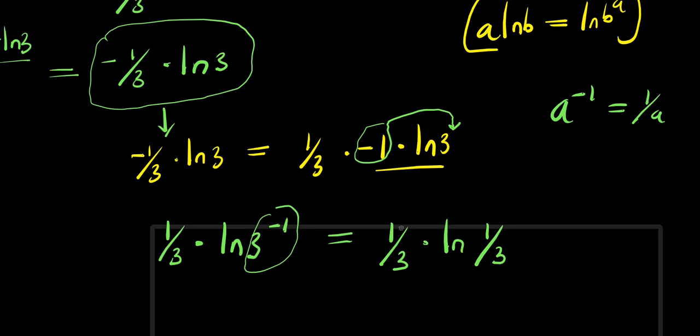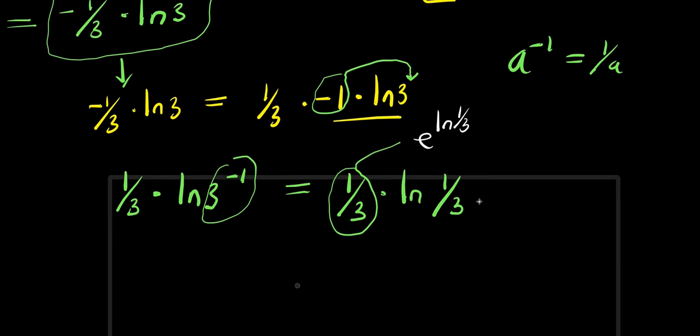So the next step will be to replace this 1 over 3 here with this identity, which is e power ln of 1 over 3. If you have e power ln, it will cancel out, so this can be replaced with that. So this will simply give us e power ln of 1 over 3, then times ln of 1 over 3. Have you seen that?